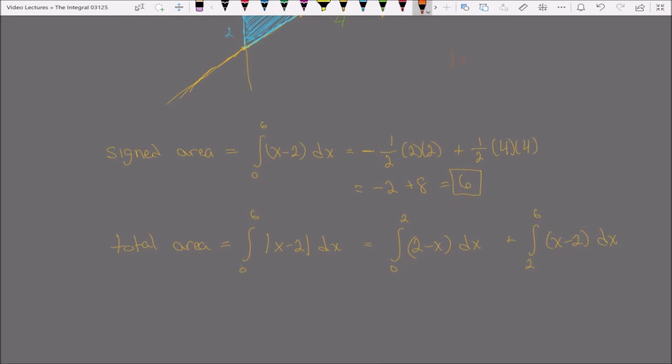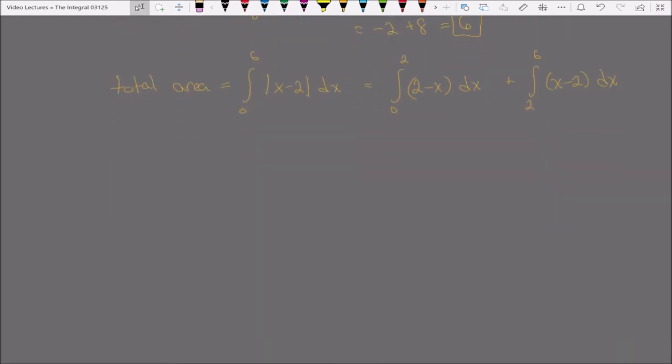Remember, absolute value of x is defined as x whenever x is greater than or equal to 0, and negative x whenever x is less than 0. But again, it's just the area of these triangles. So it'll be 1/2 base times height for the first, plus 1/2 base times height for the second. This is 2 plus 8, so the total area is 10.